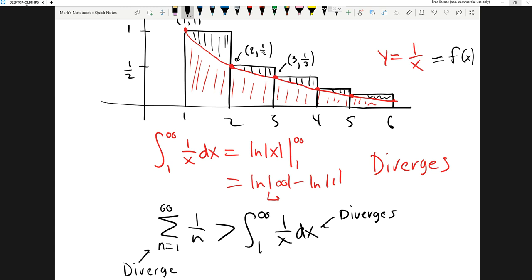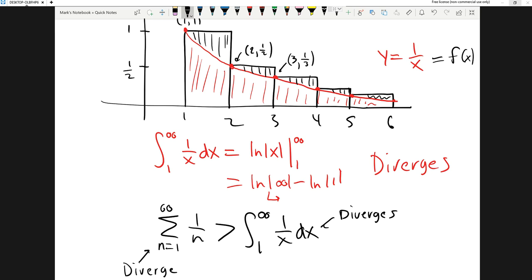All right? So, interesting idea there. If we want to say something about a series, one thing that we can do is represent the series as the area under a curve. We can find the area under another curve that can be easily computed with an integral, and then use the graph to compare the two.